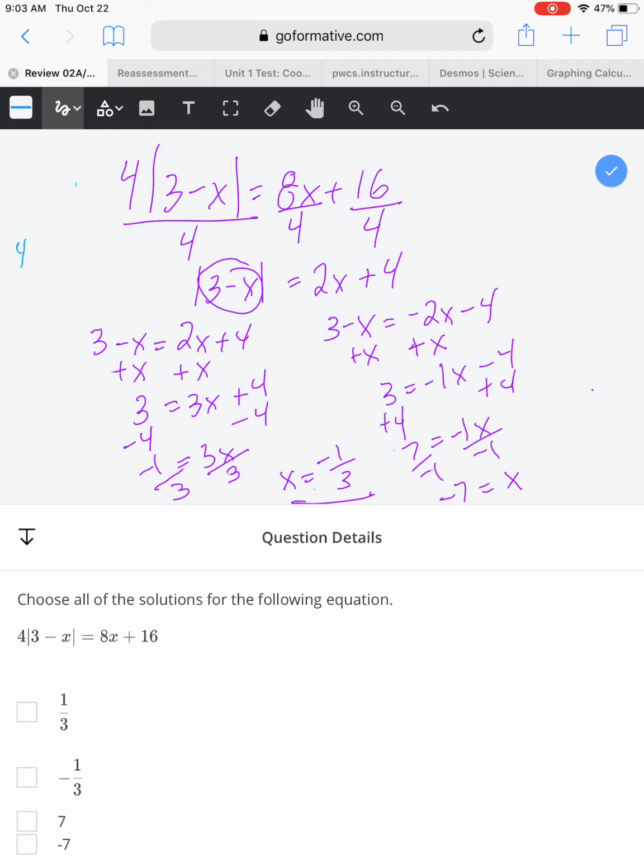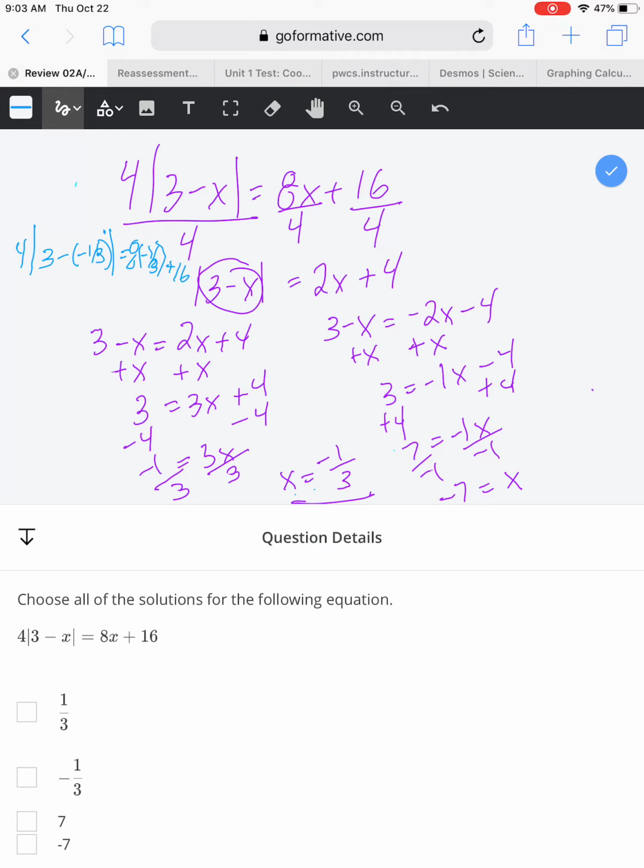So this would be 4 times the absolute value of 3 minus negative 1/3 is equal to 8 times negative 1/3 plus 16. So what I'm doing is I'm just going through and plugging it in.